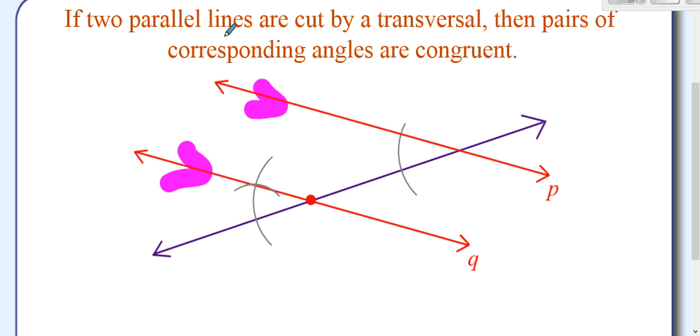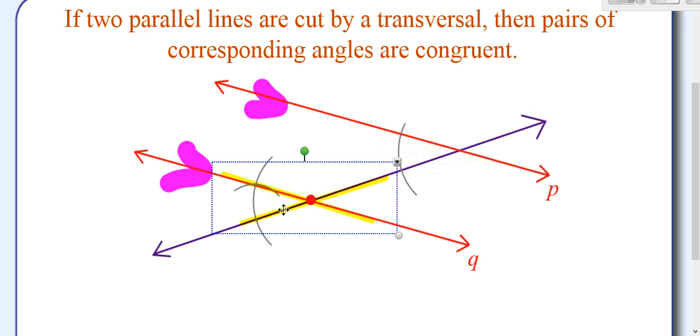Number one, we know it because that's how we make parallel lines. We copy a corresponding angle down to where it is. If it's a copy, that means it's congruent. But additionally, you can just look at the intersection. And then if you translate it, obviously everything matches up.